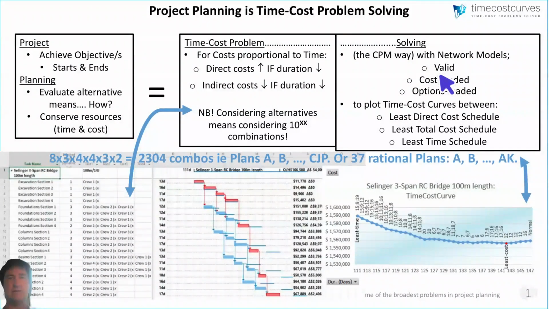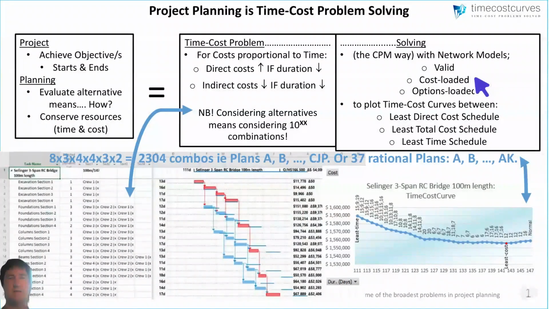You also need to cost load these networks. We go back to the problem. The cost depends on the duration, and so you need to have options per activity if you're wanting to evaluate all the alternative means.